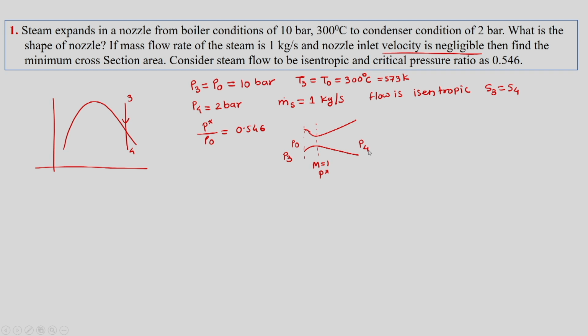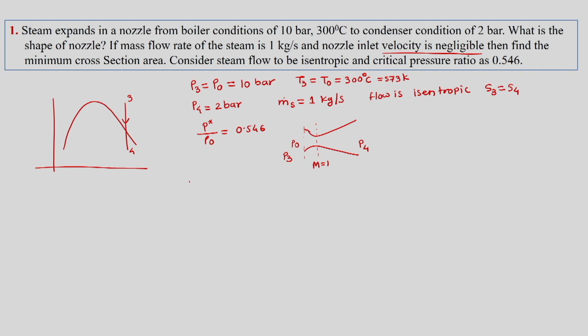Now we are going to see: if P star is less than P4, then we will not have expansion in a CD nozzle. If P star is more than P4, then we will have expansion in a convergent divergent nozzle. We have seen that the choking condition leads to a particular pressure at the exit. If the pressure is below that, then the flow is in a CD nozzle.